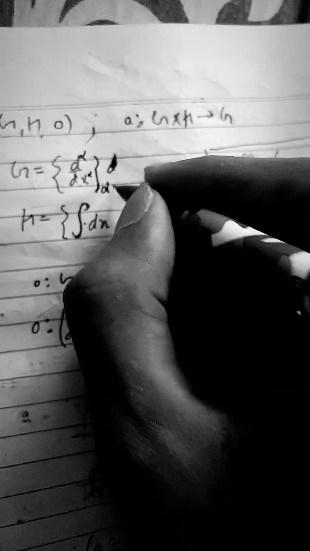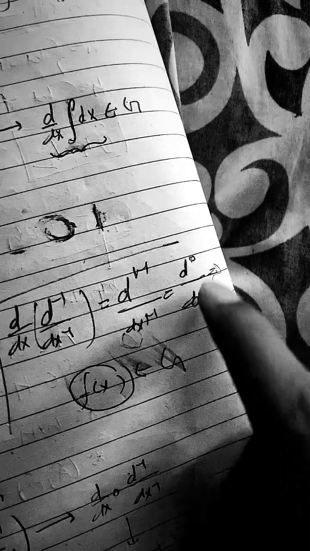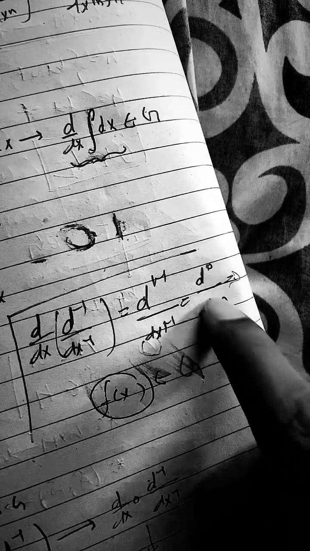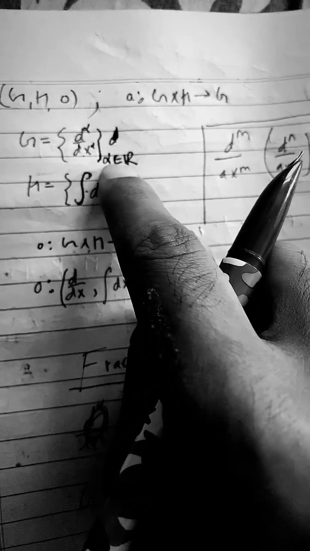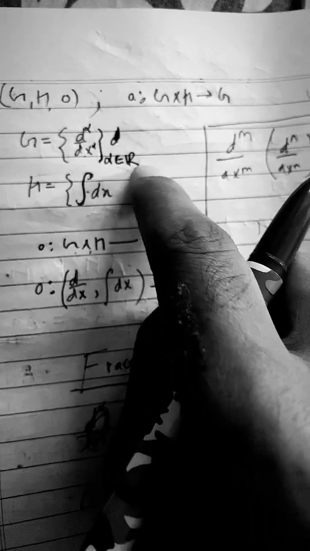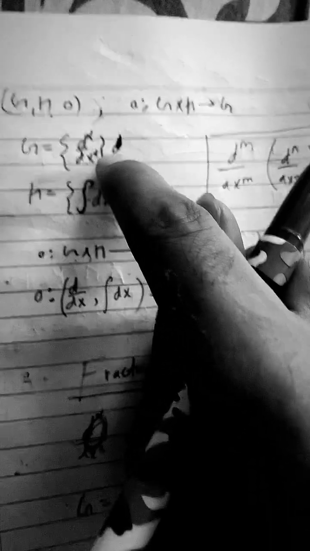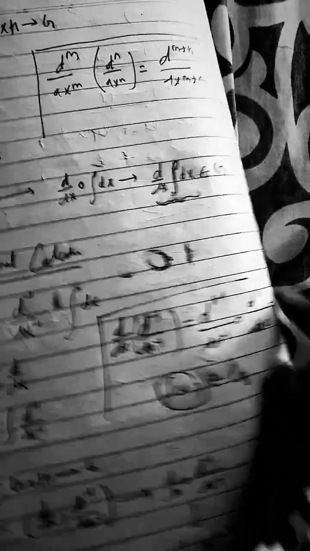This is our set now, where alpha belongs to the real numbers. Now, our output was d0 by dx0. Does this belong to the set G? Well, yes, because alpha is 0 and 0 belongs to the real numbers. So if we keep 0 here, we get this set, right?